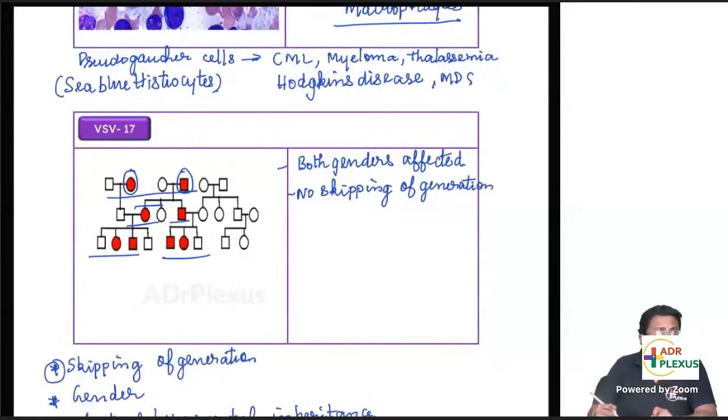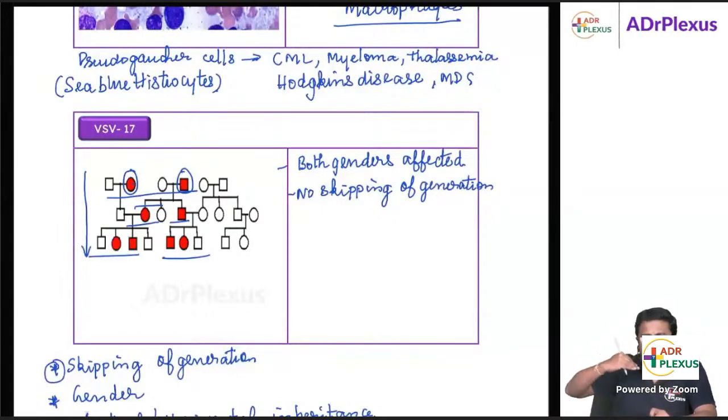And also we can see it is a vertical pattern of inheritance. From one generation to another, the disease is being transmitted vertically.